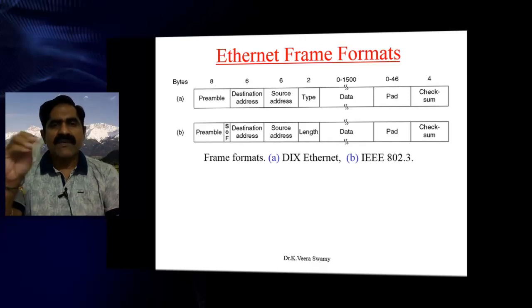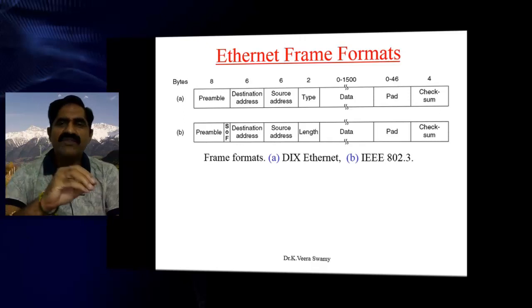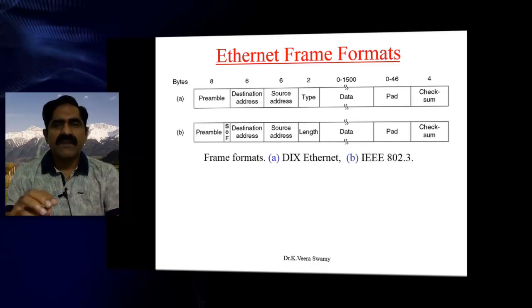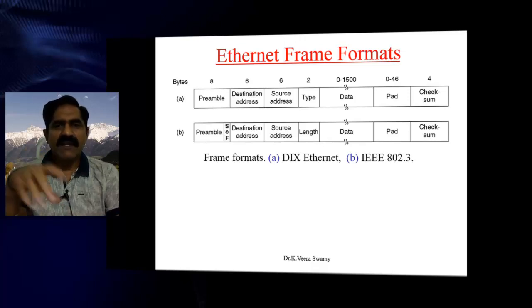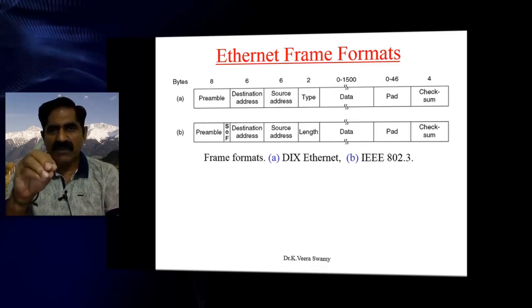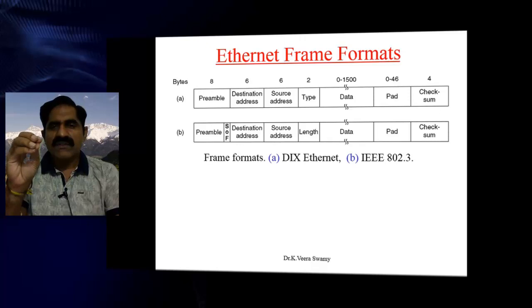Basically, why do you need a frame format? Our interest here in LAN is to carry data from one place to another place. So if you see, in both frame formats a data item is available. The actual information which we are interested to transfer from one place to another, we keep within the data field.